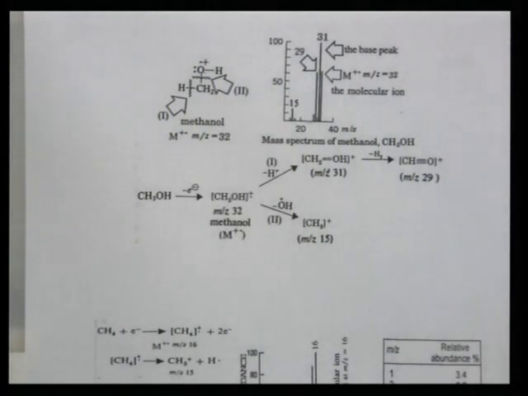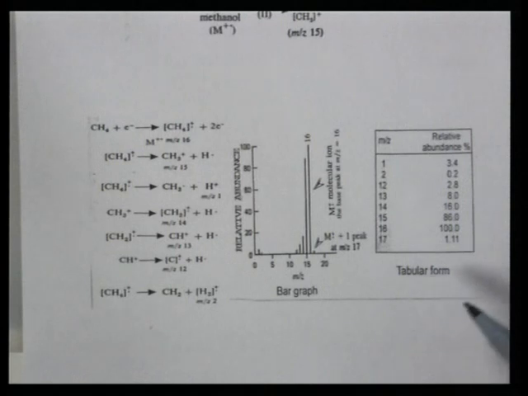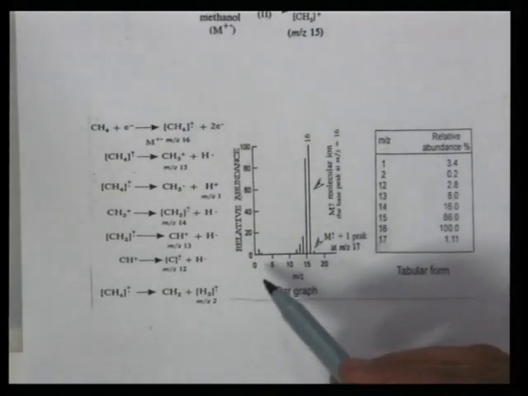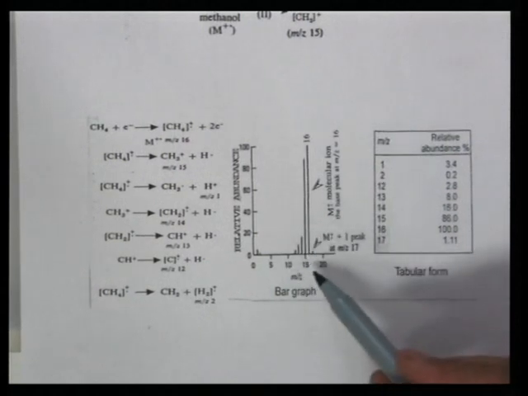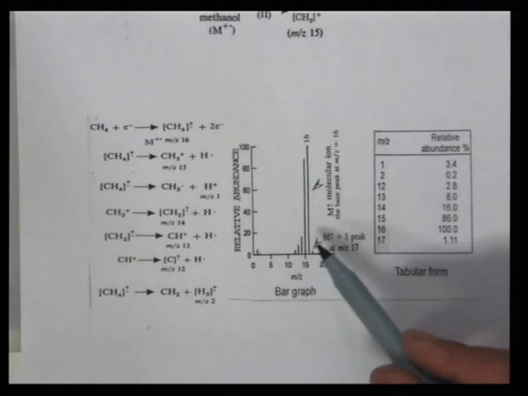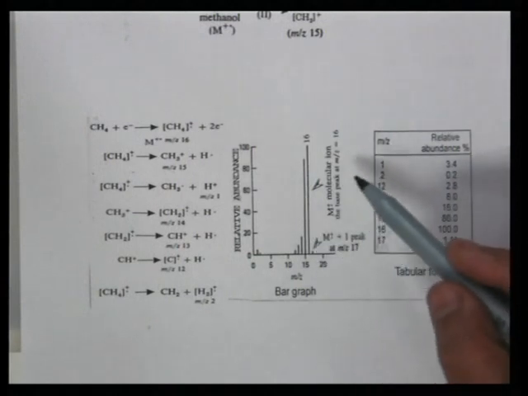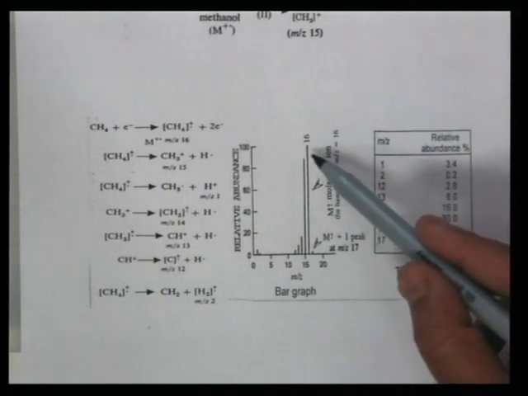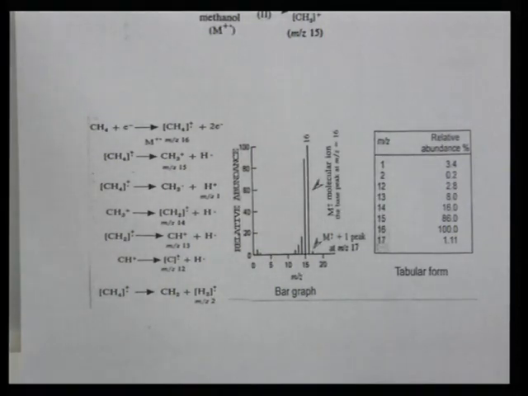Now, the second spectrum is the mass spectra of the methane molecule. In this mass spectrum of methane, these are the clusters of groups. This is the molecular ion group. From the molecular ion group, you first find the parent ion or molecular ion peak. Here the molecular ion peak is found at M by Z 16, which corresponds to the molecular weight of methane.